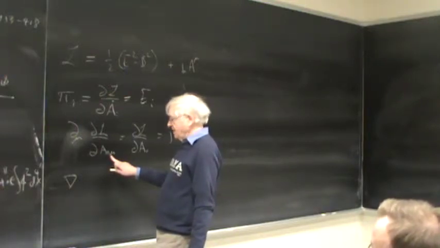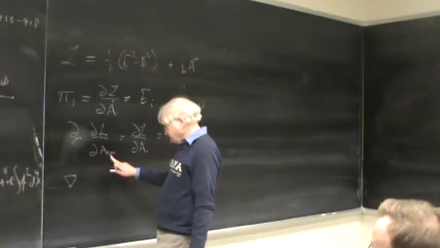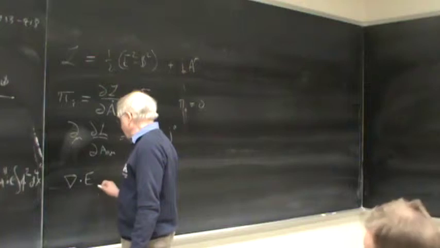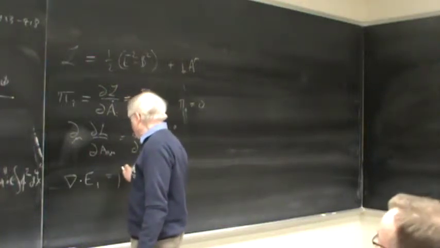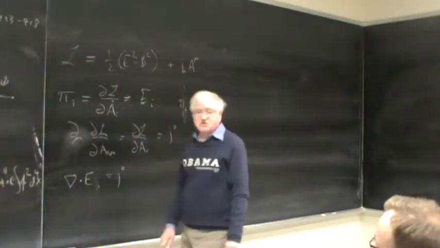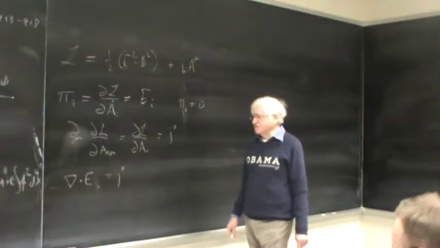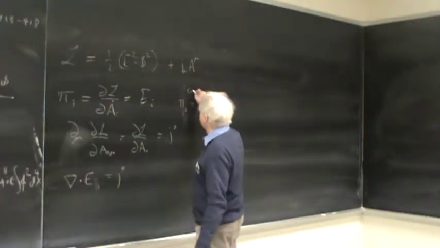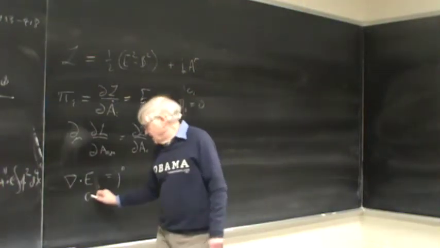Well, it's E_i. And so this is that the divergence of E is equal to J_0. And that's Gauss's law. But this is also a constraint. So we have two constraints, C1 and C2.